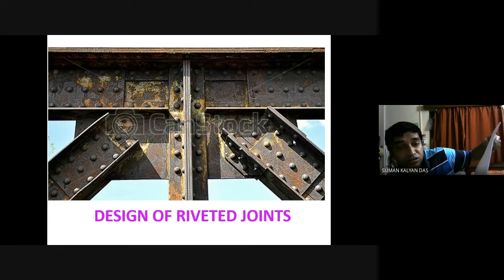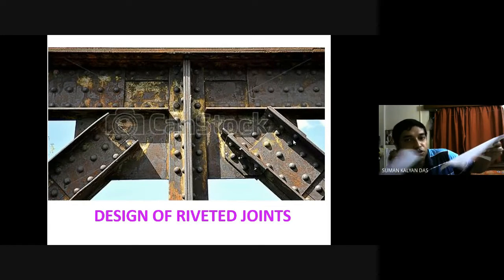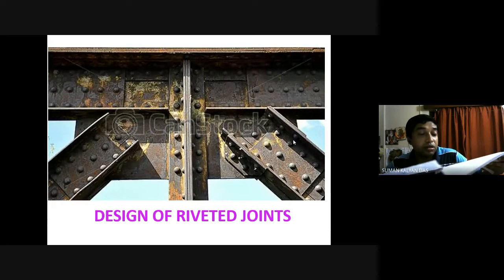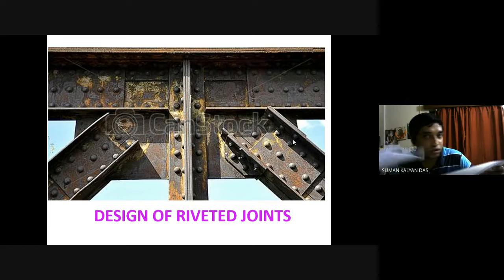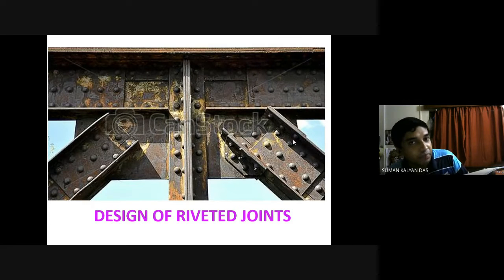Maybe I cannot get a higher strength or higher capacity bolt. So maybe the shear strength of the bolt is lesser than the tensile strength of the plate. This bolt may shear off, or the plate may tear off at those locations where these holes are, because of stress concentration. So a lot of things may happen.